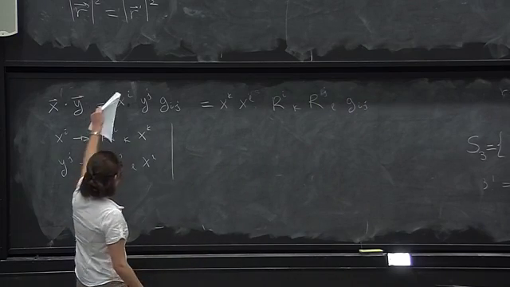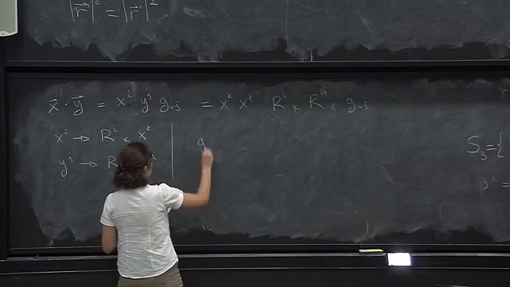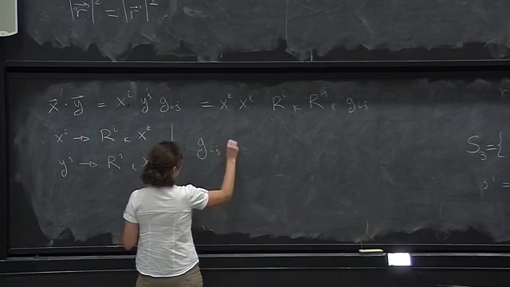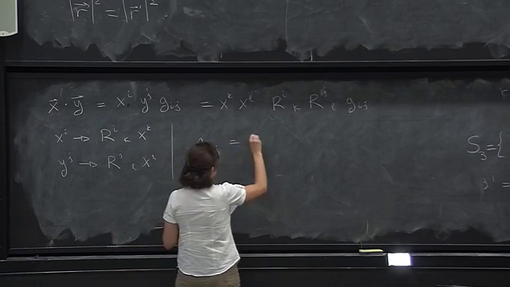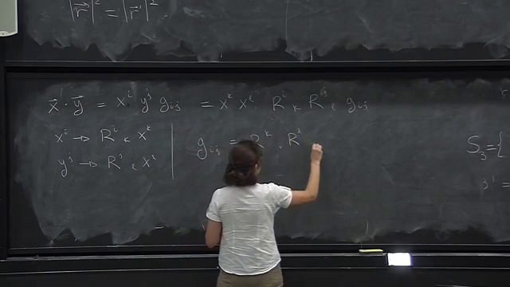And now if we just relabel our indices, we see that the metric remains invariant. In other words, g_ij is equal to R_ki R_lj g_kl.